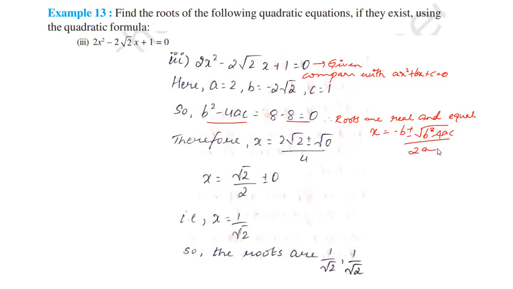So let me explain this. Write down the given equation, compare it with the standard form, and find the value of b square minus 4ac. If you are getting it as 0, then we can conclude that the roots are real and equal. What does it mean? We get a real number as a root, and both the roots we get will be the same. So substitute it in the quadratic formula, simplify, and you get back the roots. Right.